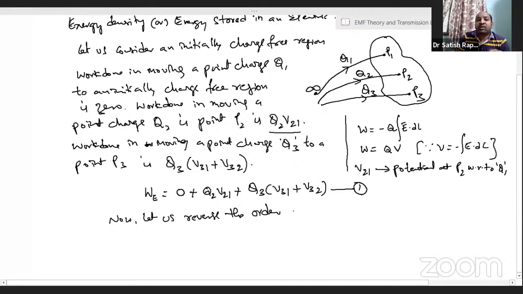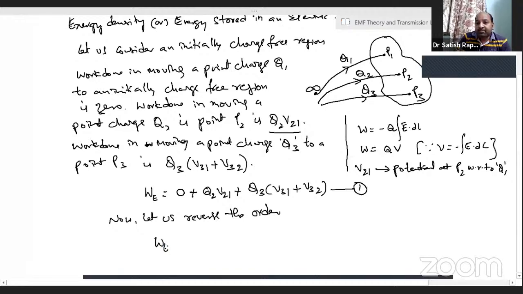Now I will place Q3 first. Then the work done is 0, because it is initially a charge-free region. So when it is initially a charge-free region, the work done in moving a point charge Q3 is 0.